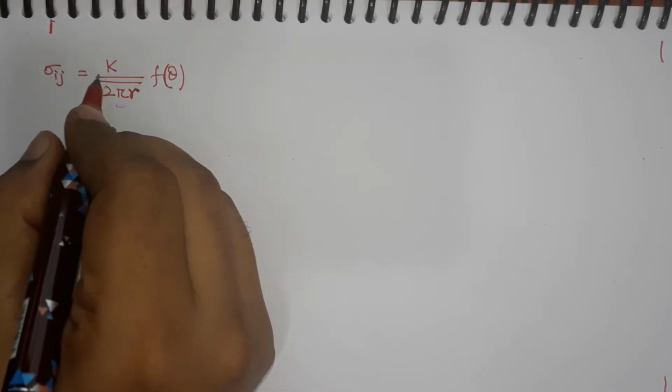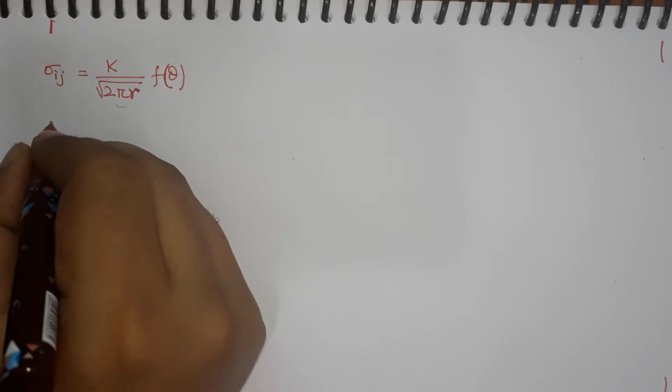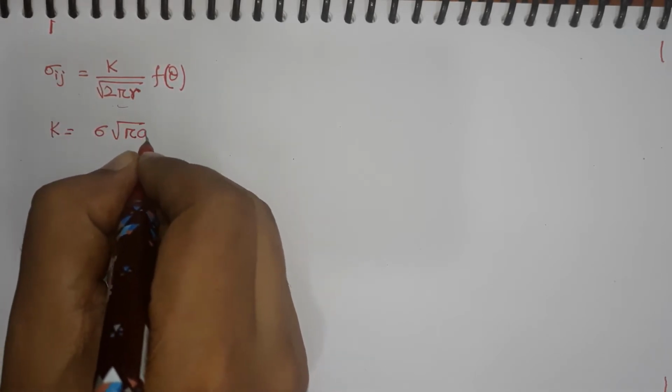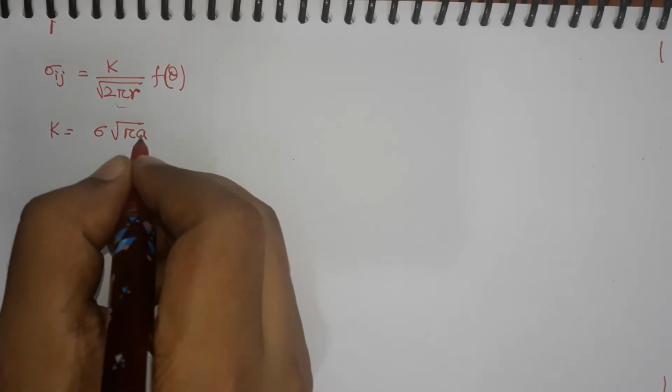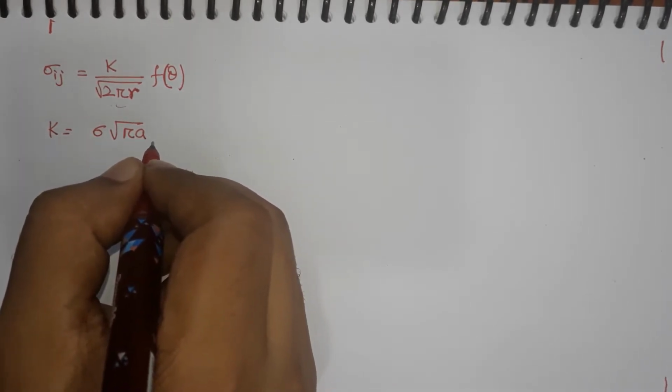So, then that gives you the stress intensity factor, which is K, and K is usually sigma root pi A, where A is the crack length or half crack length and sigma is the stress applied.